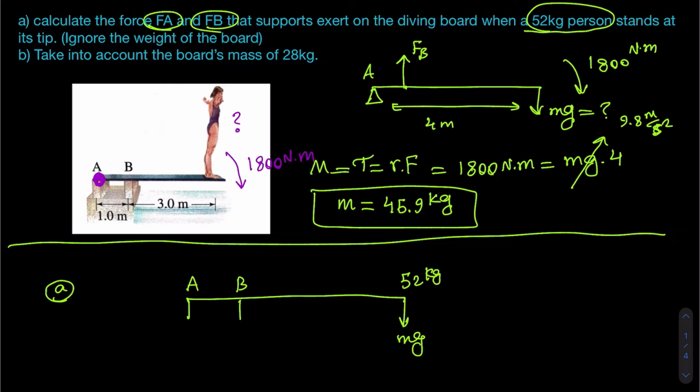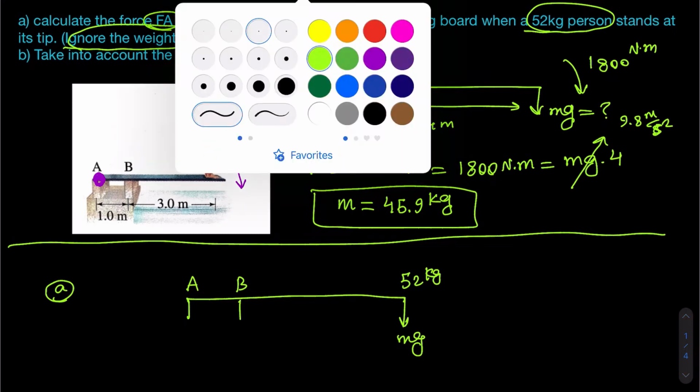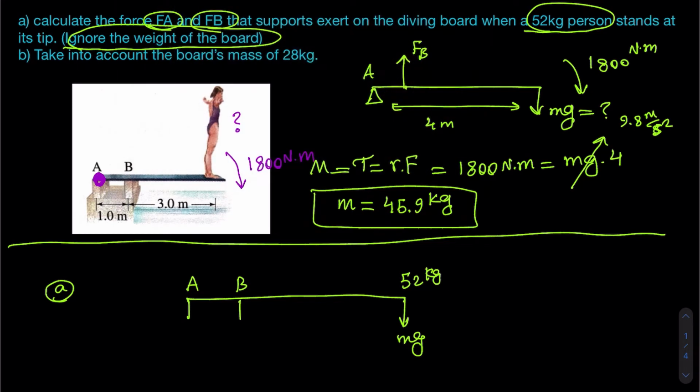The problem says ignore the weight of the board. So therefore, in part B, the force is acting upward. So FB is acting an upward force on the board.